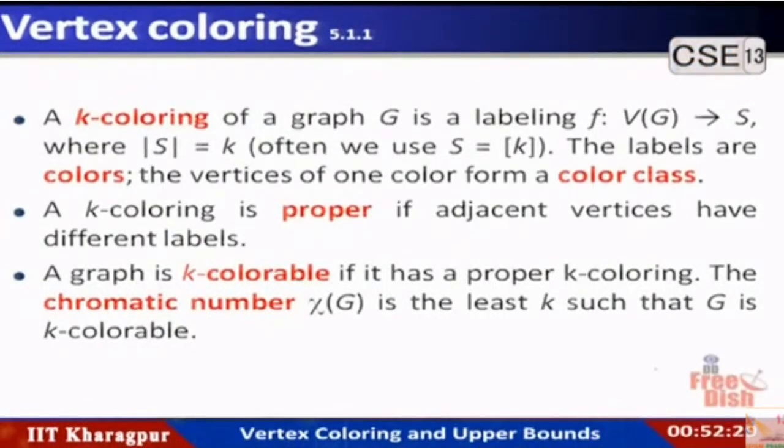The vertices of one color will form the color class. So a K coloring is proper if adjacent vertices have different labels. A graph is K colorable if it has a proper K coloring. The chromatic number chi of G is the least K such that G is K colorable.